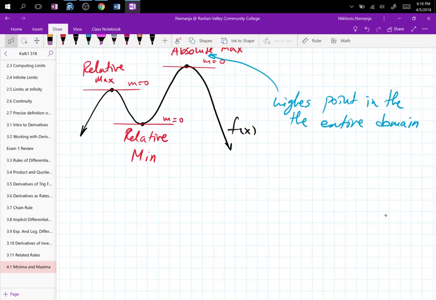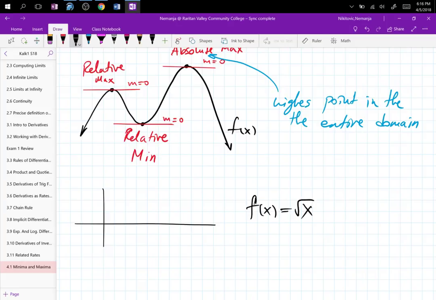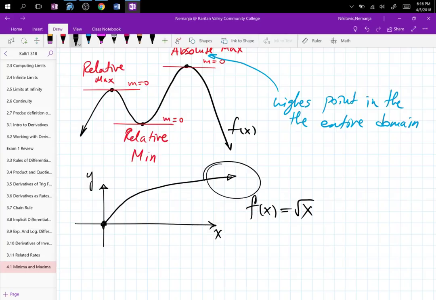So now I can draw a function f of x equals square root of x. Since the right-hand side is always going to climb up, we are not going to have any max or min on that side. However, on the left-hand side, over here, I have an absolute minimum.